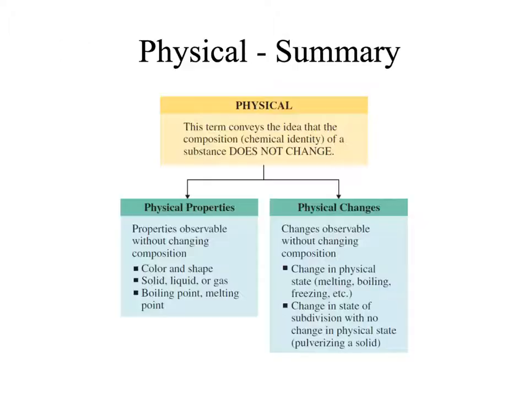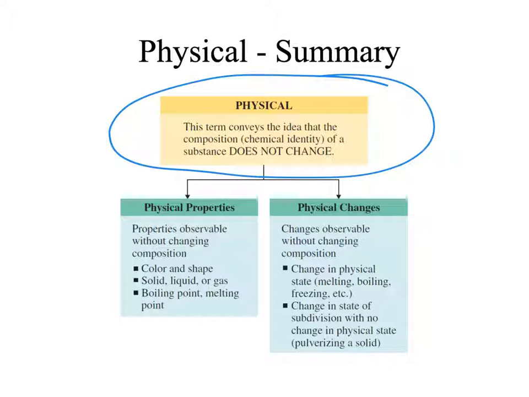We also have physical and chemical changes that are associated with our substances. And I think these physical and chemical changes are best summarized in the following diagram. Here we see a physical substance. It's the composition of a substance itself, and that doesn't change when you're changing something like phases.